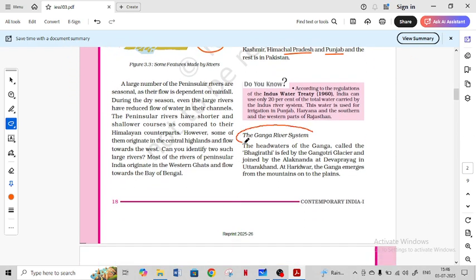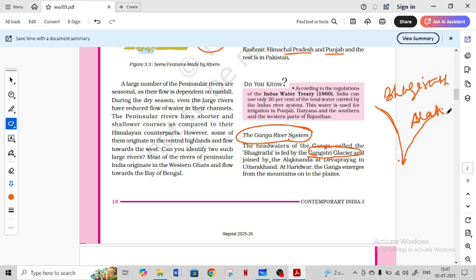Next, let's move on to the Ganga river system. The Ganga starts its origin from the Gangotri glacier. From here, the Bhagirathi is coming, and here we have the Alakananda.